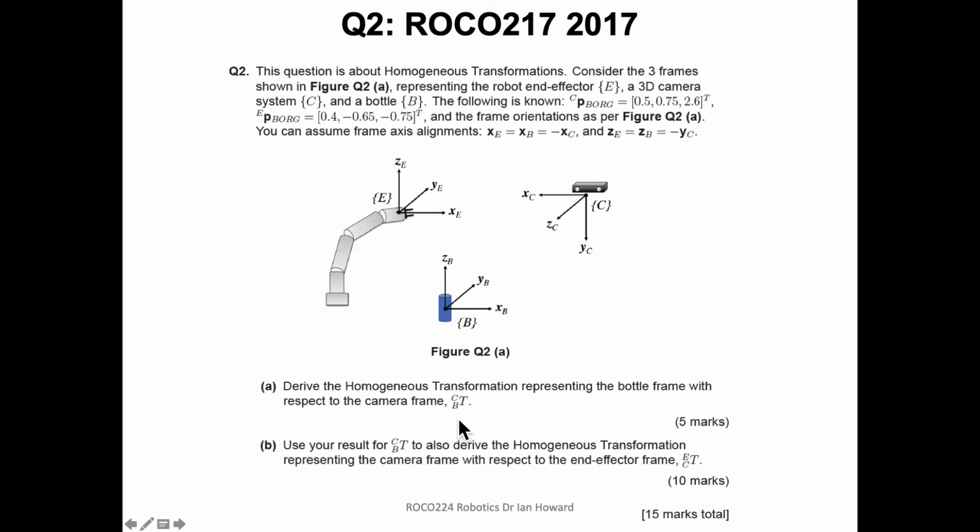So we want the transformation B to C, mapping something in frame B to frame C. And then we've got to use that, and we'll see we actually have to calculate the inverse, as part of the calculation to derive the homogeneous transformation that represents the camera frame with respect to the end effector frame. So in other words, it maps from C to E.